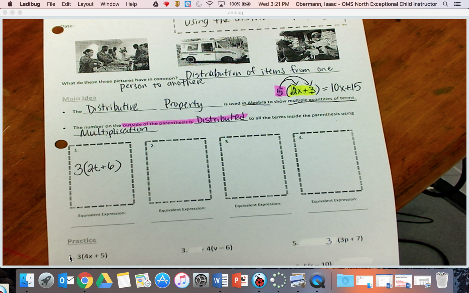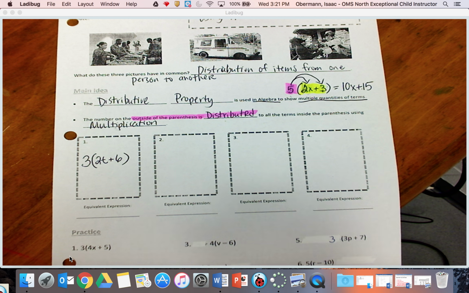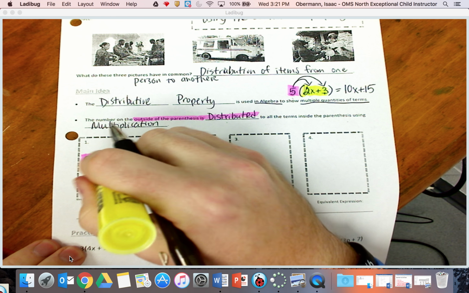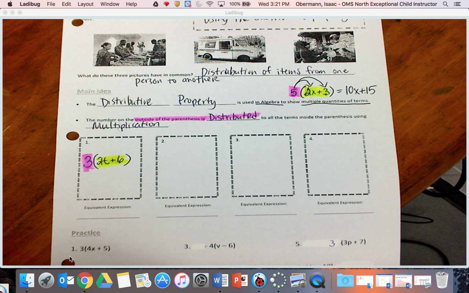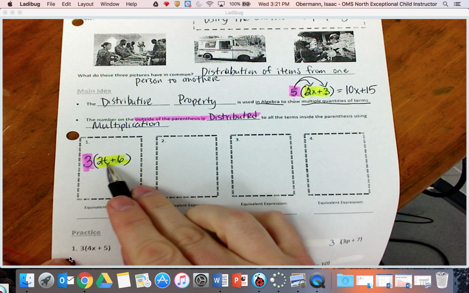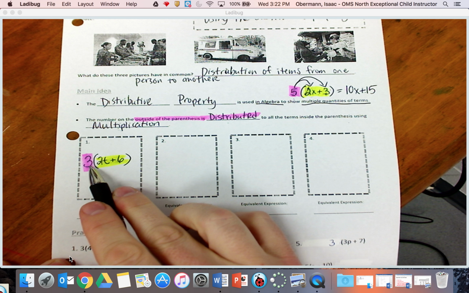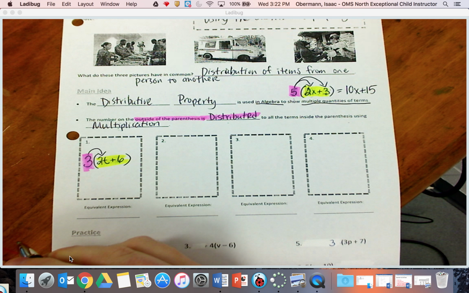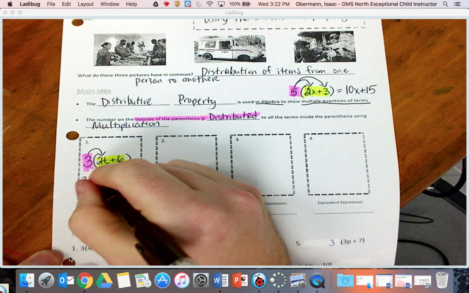So what I want to do is I have my number on the outside, which is the 3. It's going to be distributed to all the terms on the inside. My terms on the inside are 2t and 6. And I want 3 times as many. So I do some multiplication. The 3 goes to the 2t, so it's 3 times 2t.